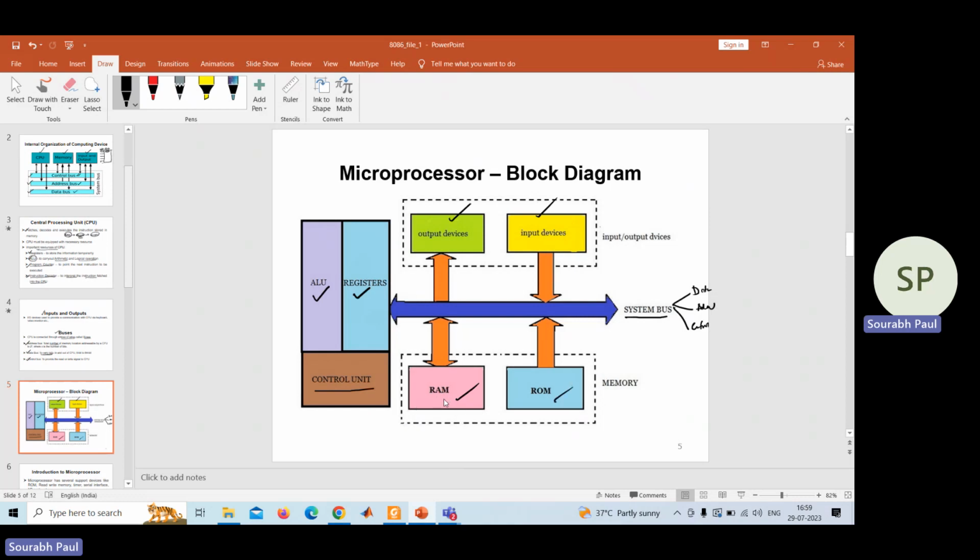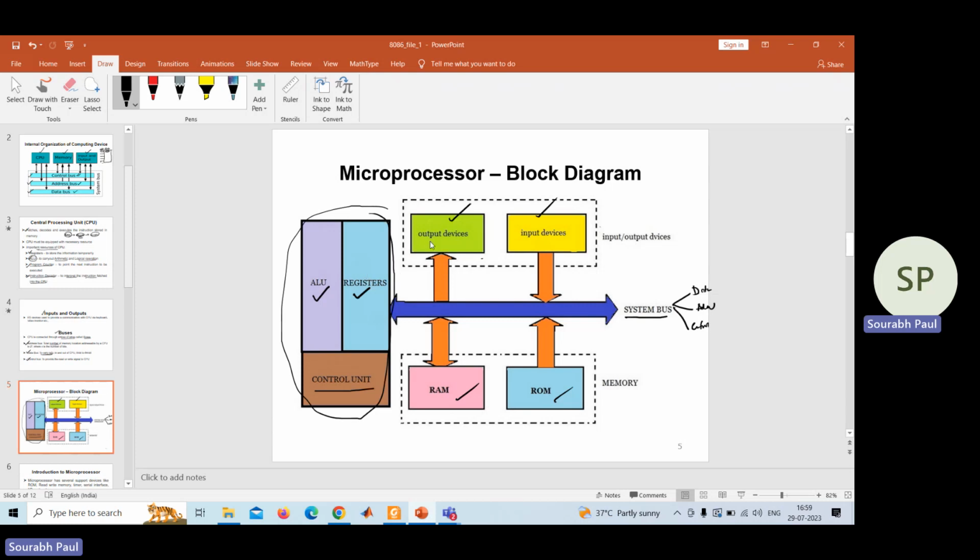All of you know RAM is random access memory, and ROM means read-only memory. So the memory unit will be connected through the system bus. This is the block diagram of a microprocessor, and let me tell you, these input output devices and memory units, RAM, ROM, are externally connected to the processor.